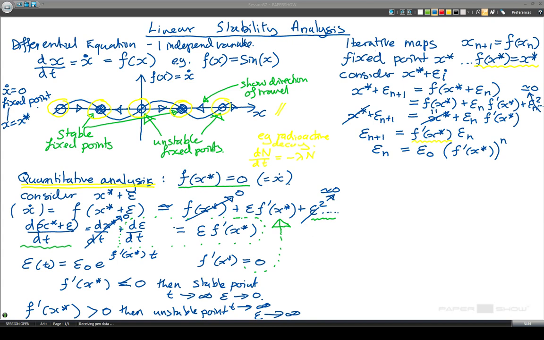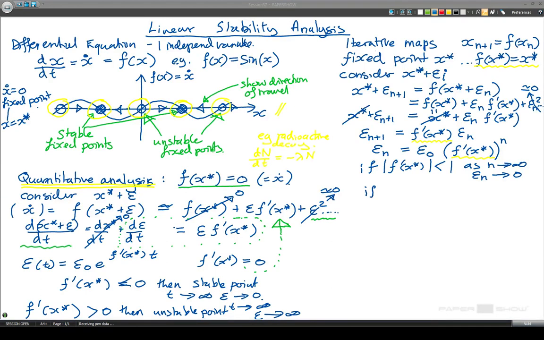So clearly the stability again is going to depend on this term. It's slightly different to what we saw with the differential equation. Now what matters is if the modulus of the gradient at x star is less than 1, then as n goes to infinity, epsilon n will go to 0.